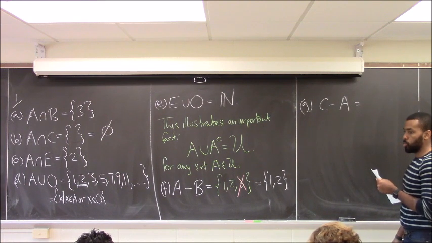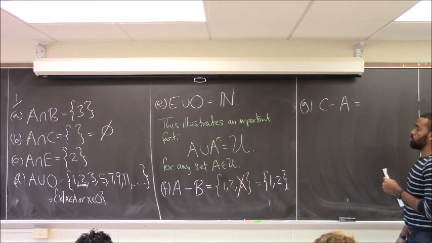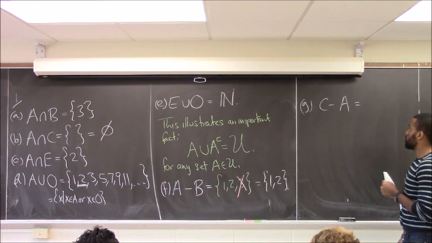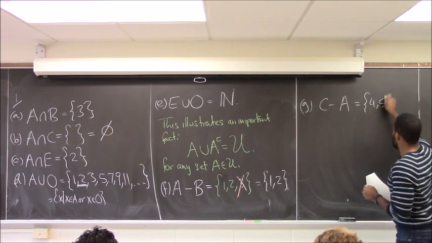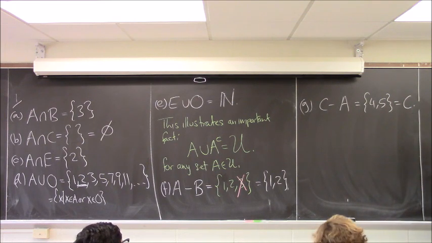What is that? Set of 4 or 5. In fact, that's just C itself. Which is another general fact, I guess. If you're taking a set and you're subtracting someone that has no intersection with that set, you just get the set itself.